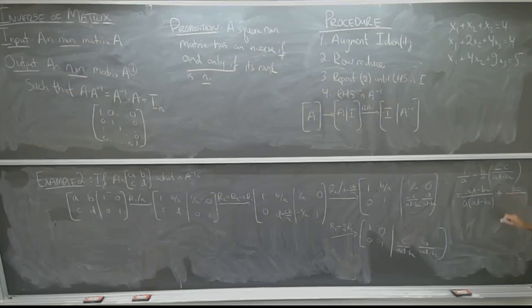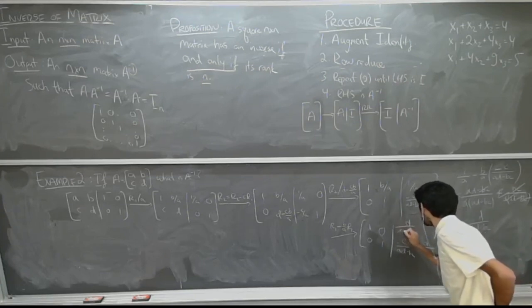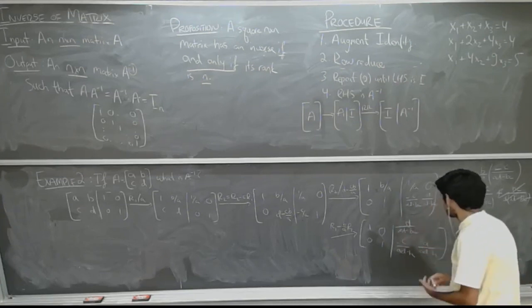So we'll make this a plus sign, and in the denominator we still have AD minus BC. That cancels with that, and we're left with AD over this. So in fact, let's just ignore this term entirely. The A's cancel, and it's D over AD minus BC.